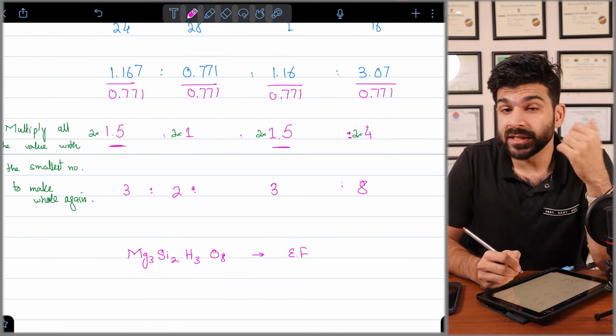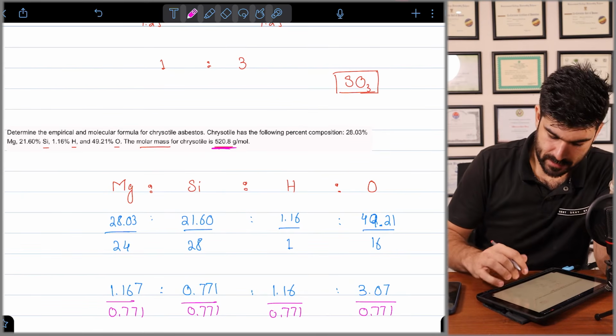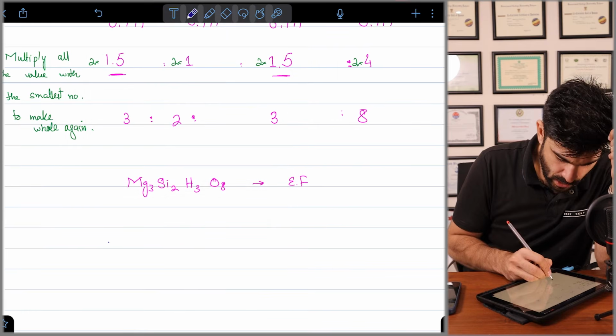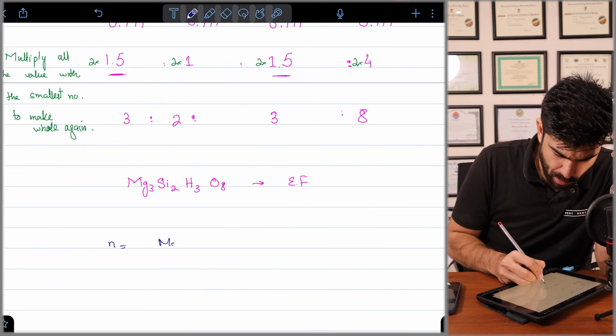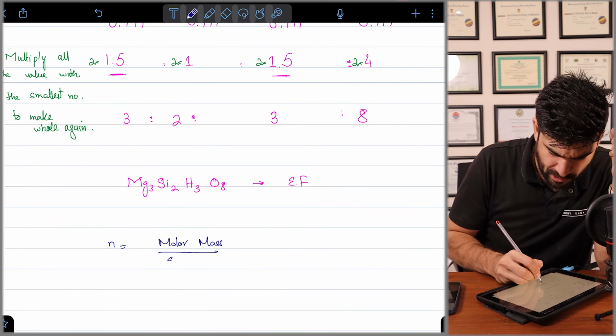Let's see. They have given us the molar mass, which is 520.8. So at first we need to find the value of n. n equals molar mass divided by empirical formula mass.